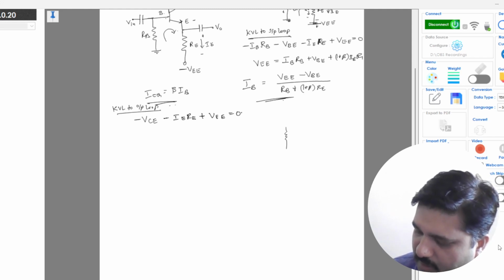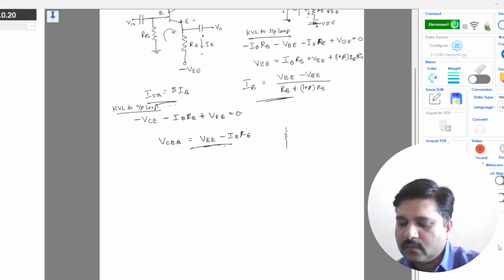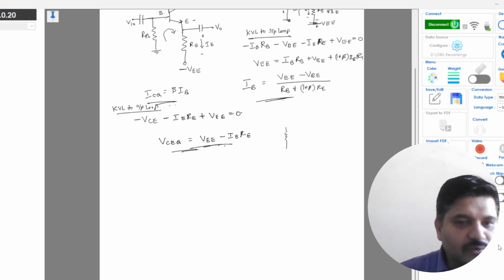So hence your VCEQ will be VEE minus IE RE. So this is how you calculate the VCEQ point for the emitter follower circuit, right?